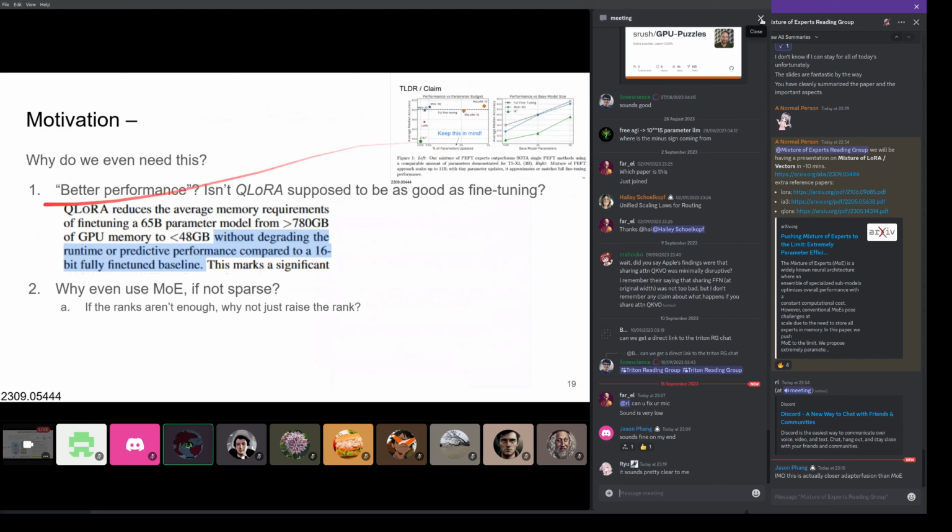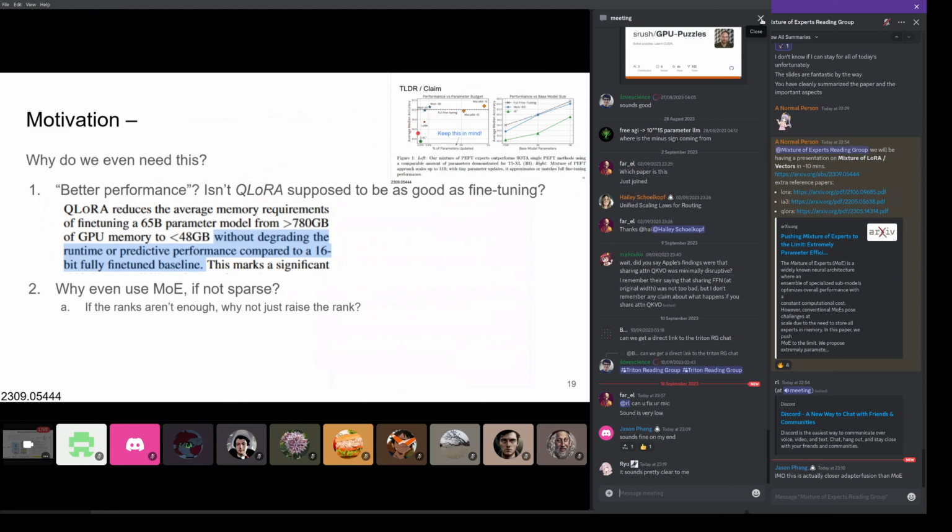You see, I've quoted this chunk from the QLoRa paper that was written in May, where it is stated that QLoRa performs equivalently to a full half precision fine-tuned baseline across a large suite of benchmarks.